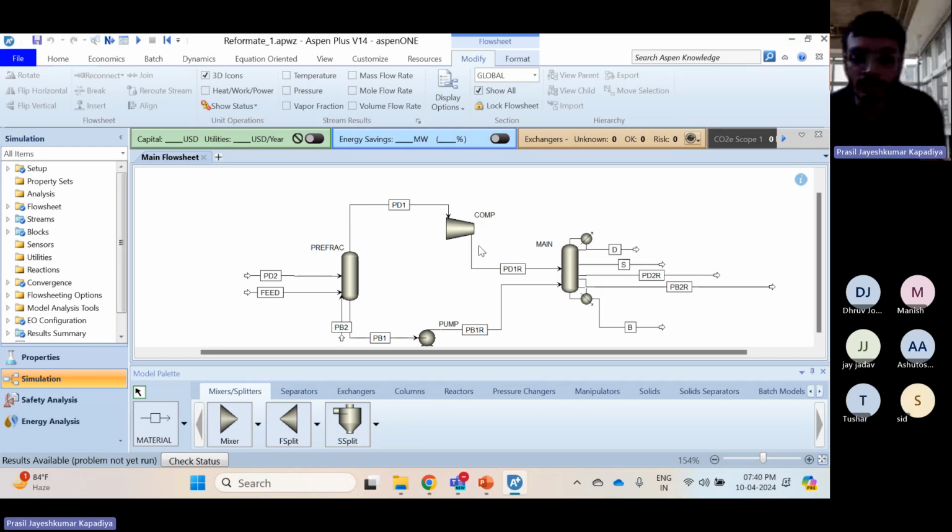So after the first simulation, we will take this output and give it here as input PD2, PB2, and we will resimulate. We will repeat this process until these two streams are equal.